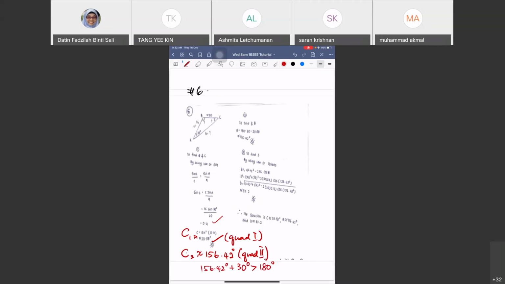So that means you don't consider this. The only angle for C is actually 23.58, or if you want to round to the nearest degree also can, 24 degrees. So 24 degrees or 23.58 doesn't matter. So that means for this question, you are solving for just one triangle.